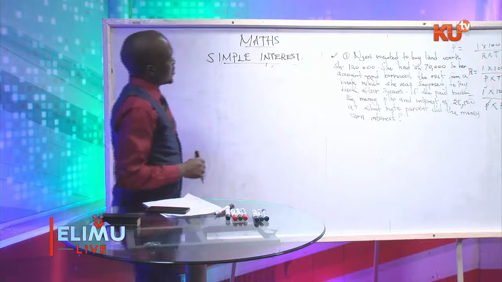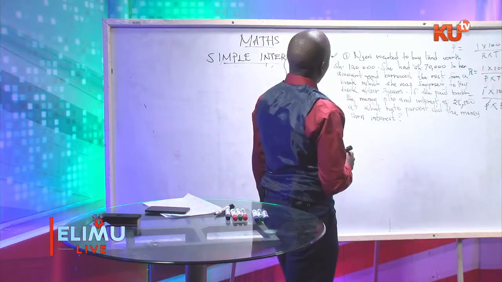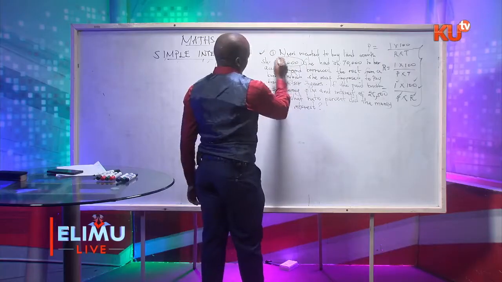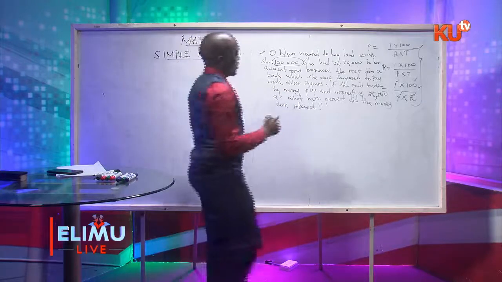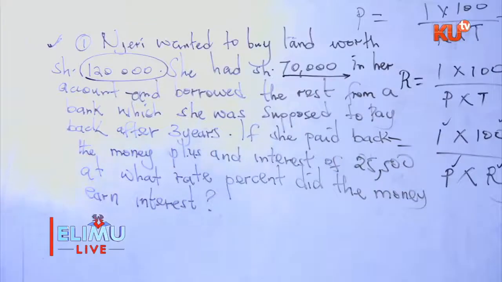So the question is, Njeri wanted to buy a piece of land worth 120,000 shillings. This was the actual amount that was needed. She had 70,000 in her account, meaning that Njeri already has something. She's not just going to buy land from nowhere.